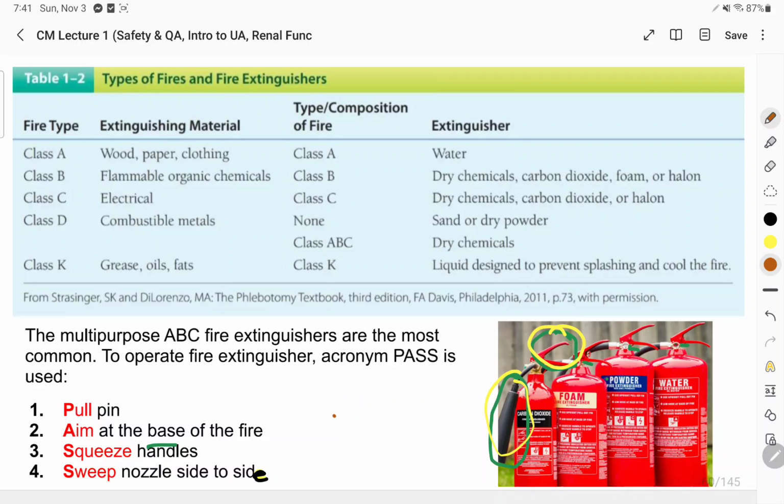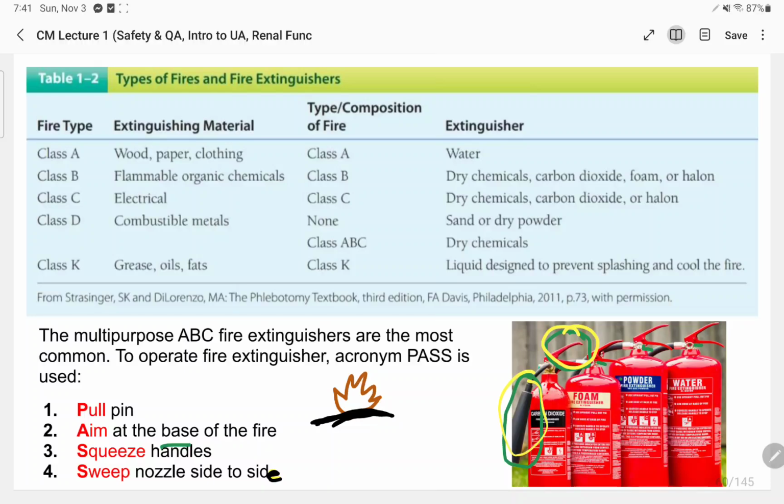Dapat kung sample ni ang fire, imuhang i-sweep. So diri ka dapit mo-target sa base. I-sweep hangtod ma-extinguish siya. Okay, that is how to operate your fire extinguisher.